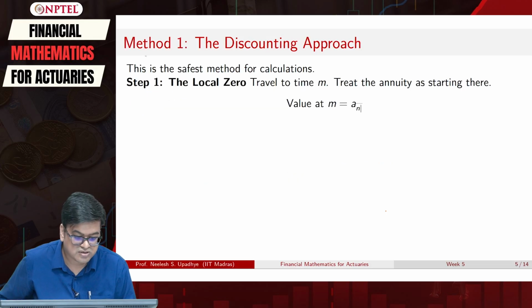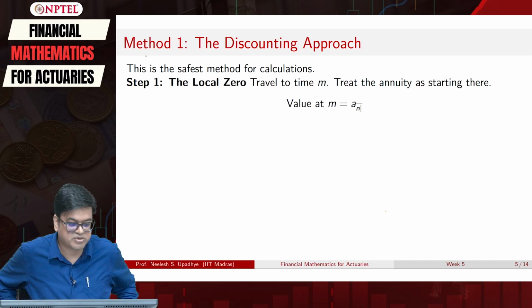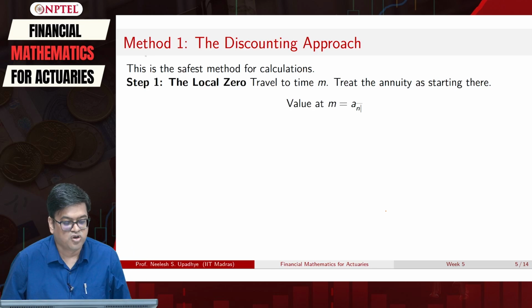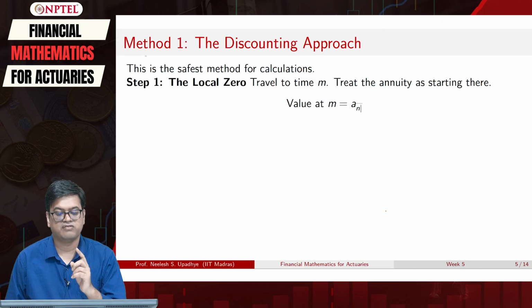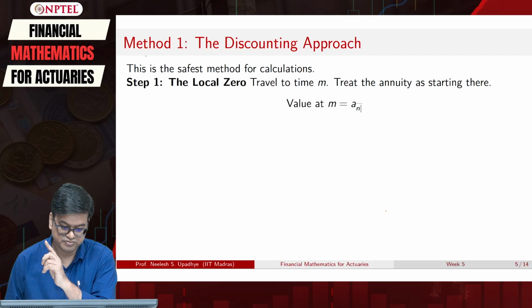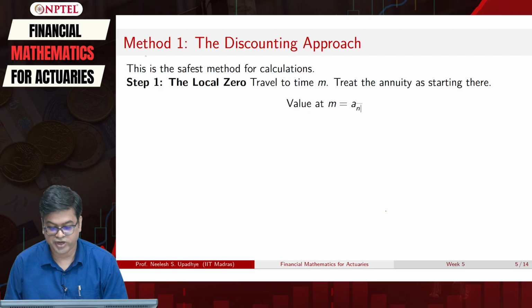So we will first look at the discounting approach, which is the safest method for calculation. First, you identify the local 0, which means you travel to time m and treat that as your starting point.